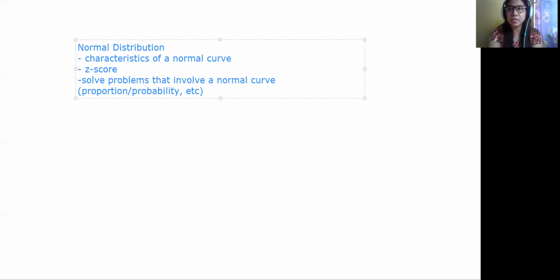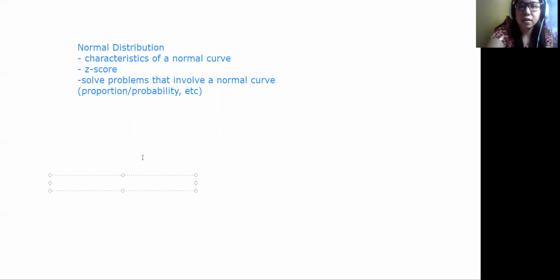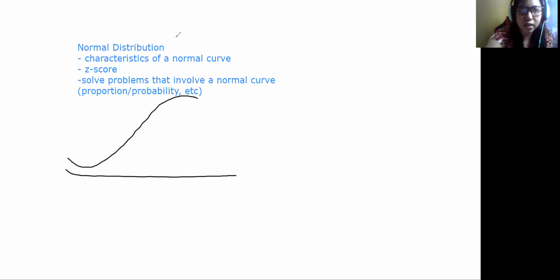So our first objective is to talk about the characteristics of a normal curve. So what does a normal curve look like? Let me just draw a sample of a normal curve. So this is a sample of a normal curve.